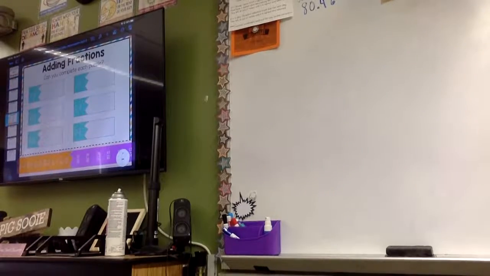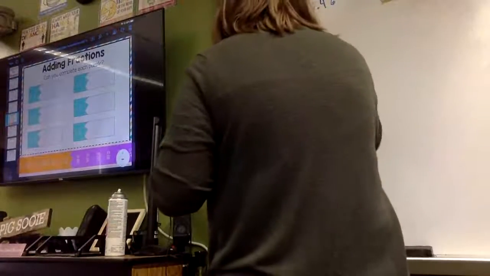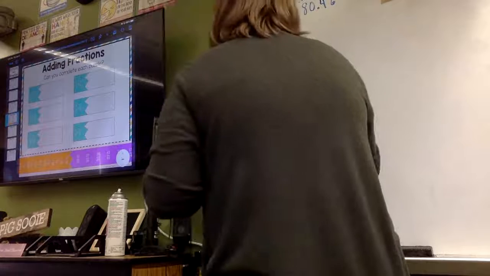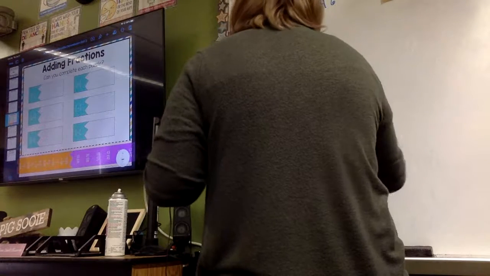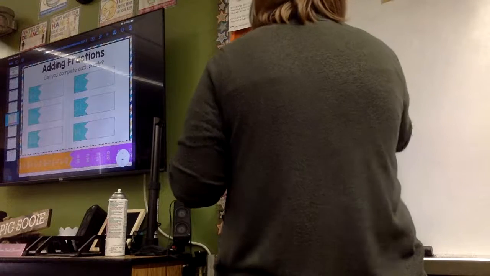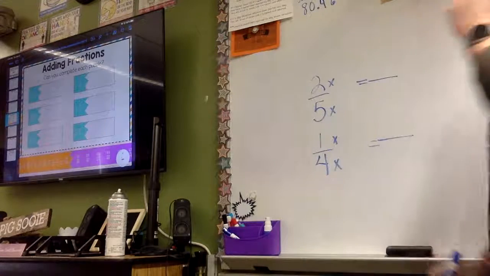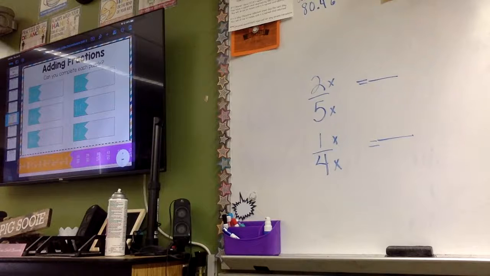All right, so our first one, we have 2/5 plus 1/4. 2/5 and 1/4. From what I know about my multiplication facts, Jace, what's my least common denominator going to be?